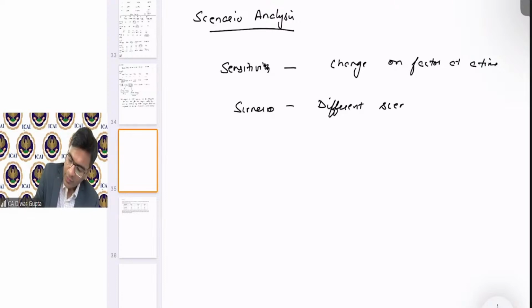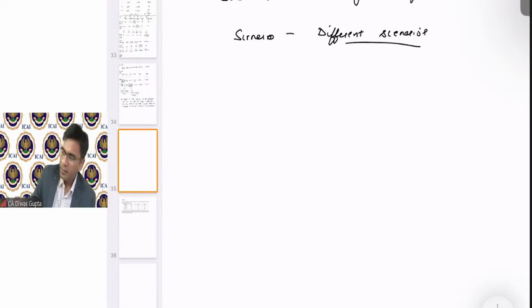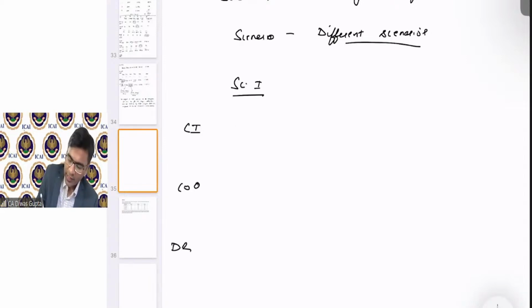Now, for example, scenario one will say cash inflow, cash outflow, and maybe discount rate also. Here we can take the discount rate as a package because in one scenario, let's say we are funding from equity, in another scenario, we are taking a mix like that. So it's a different scenario: 1,50,000, let's say 10%.